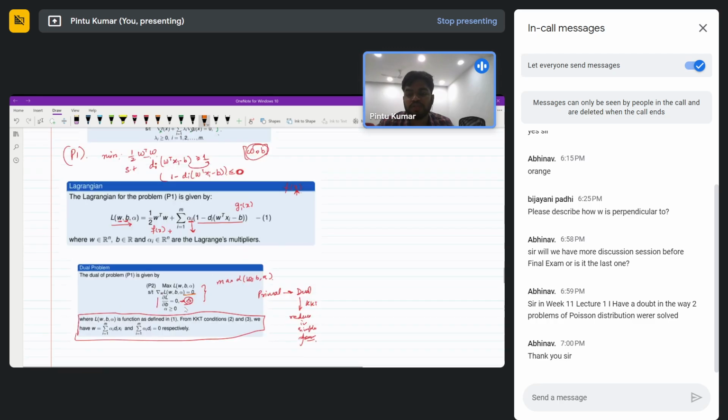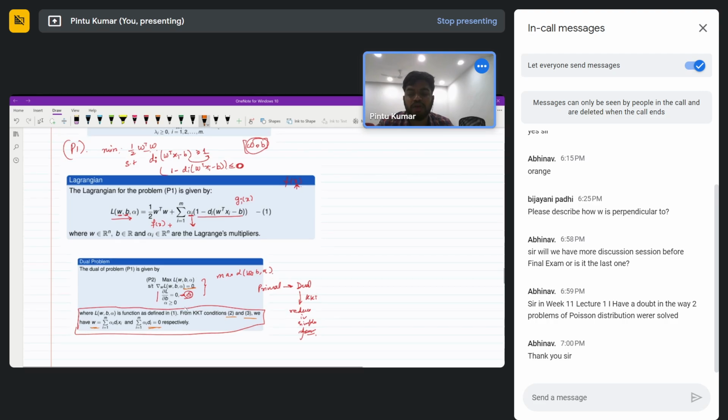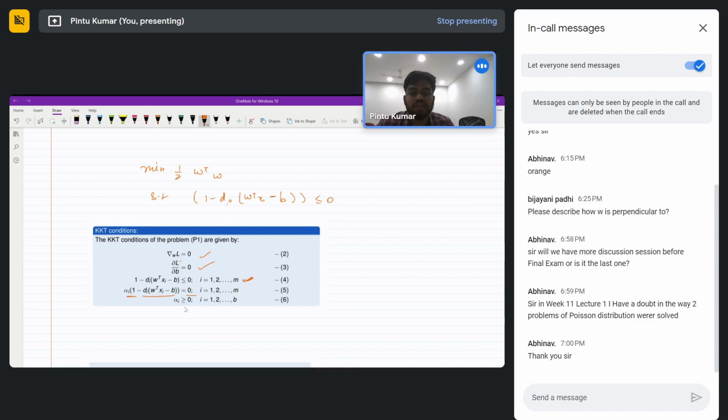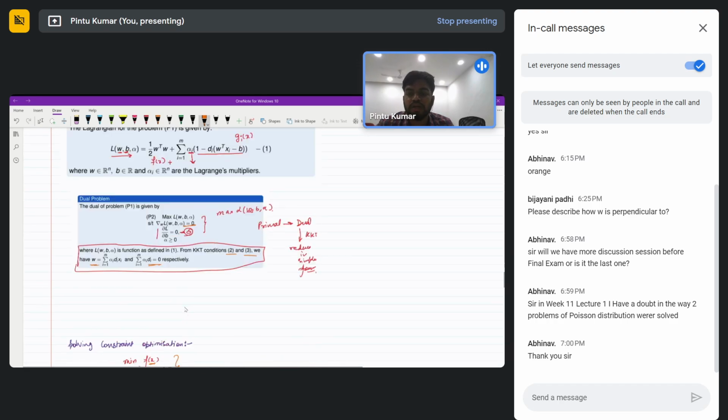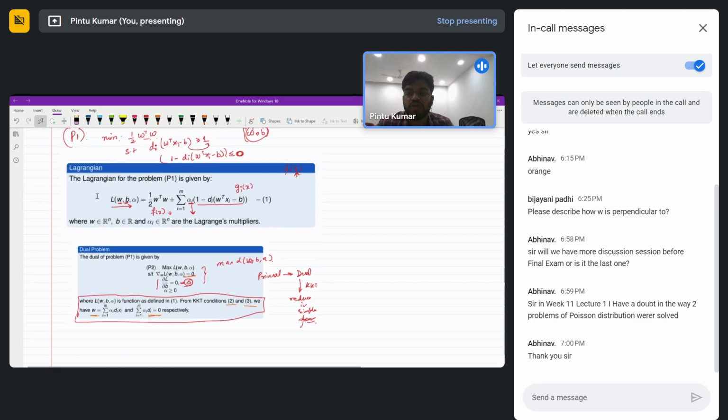Now, let's get to what was written over here. It says that if we use KKT conditions 2 and 3, we get some values for W and some extra condition. So here are KKT conditions 2 and 3. Let's look at the Lagrangian that we got.